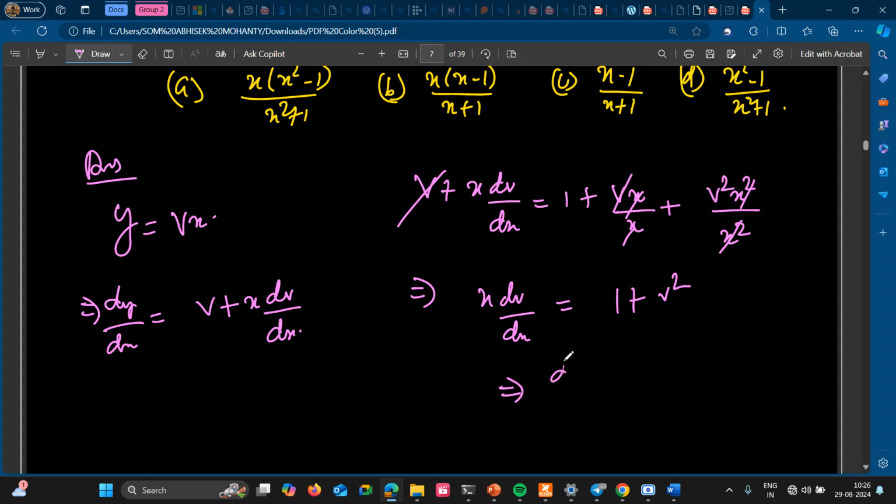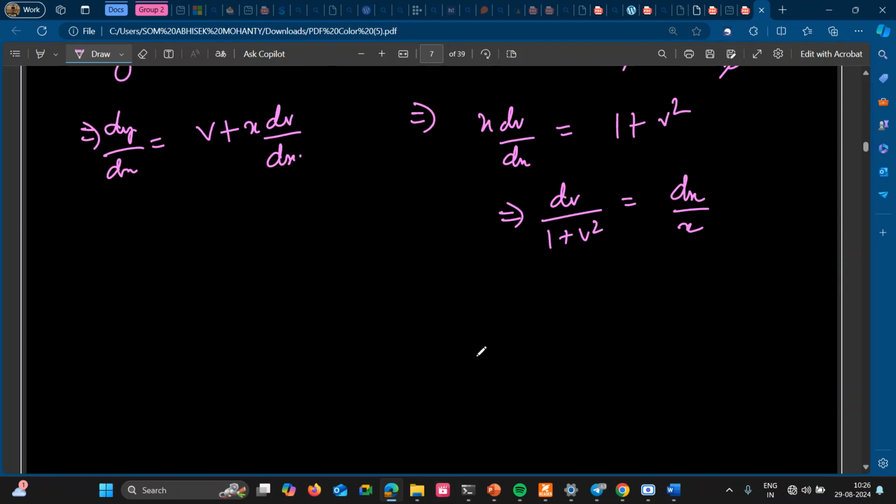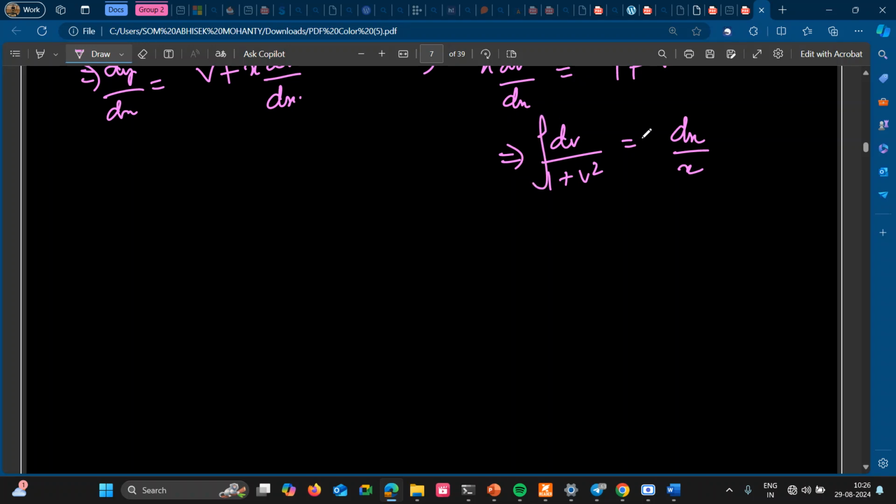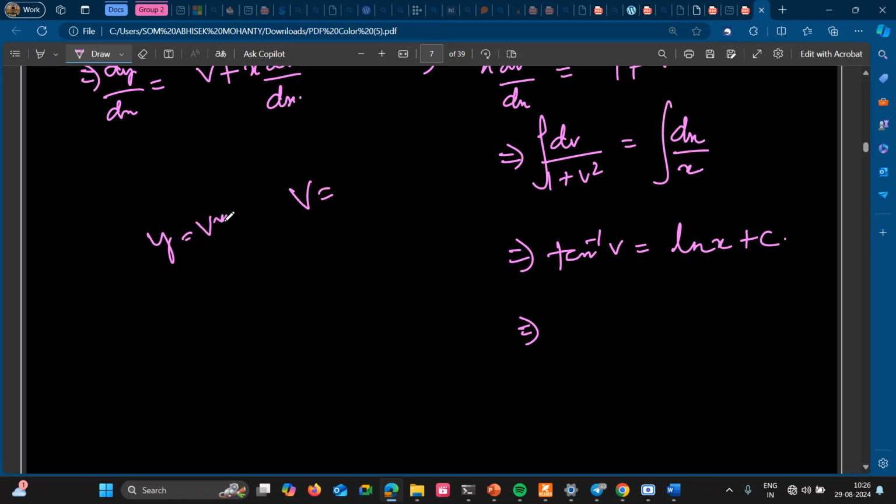So dv by 1 plus v square is equal to dx by x. Okay, simply integrate both sides. So this is tan inverse v is equal to ln x plus c. Now v is y by x, since y is equal to vx. So tan inverse y by x is equal to ln x plus c.